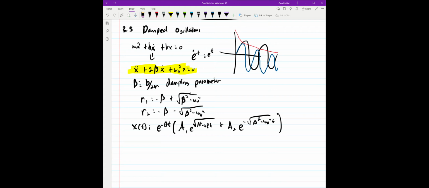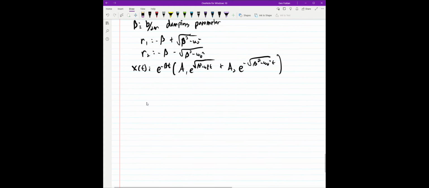But okay. There are 3 general cases that really matter, which we can see from the equation. So let's see what happens if omega naught squared is greater than beta squared. Oh, by the way, I should be a little more careful about how I write this. The t is outside of the square root.